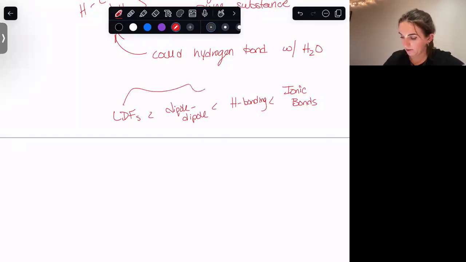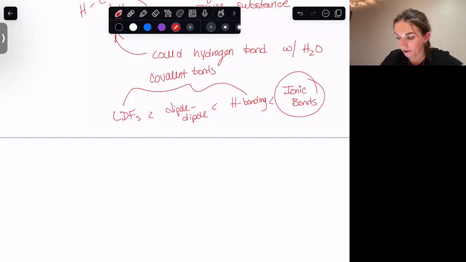Remember that this is for covalent bonds that are sharing electrons, and your ionic bonds are a transfer of electrons, creating two ions, and that's why they interact.